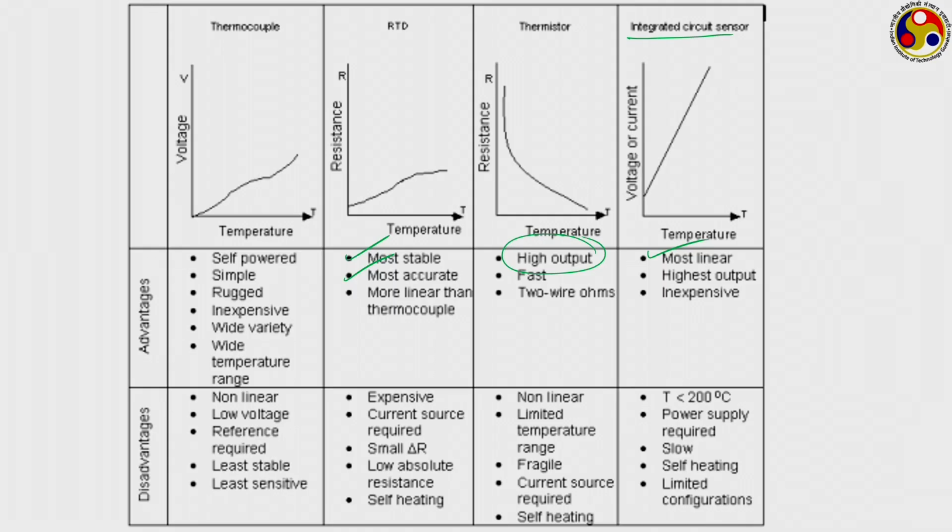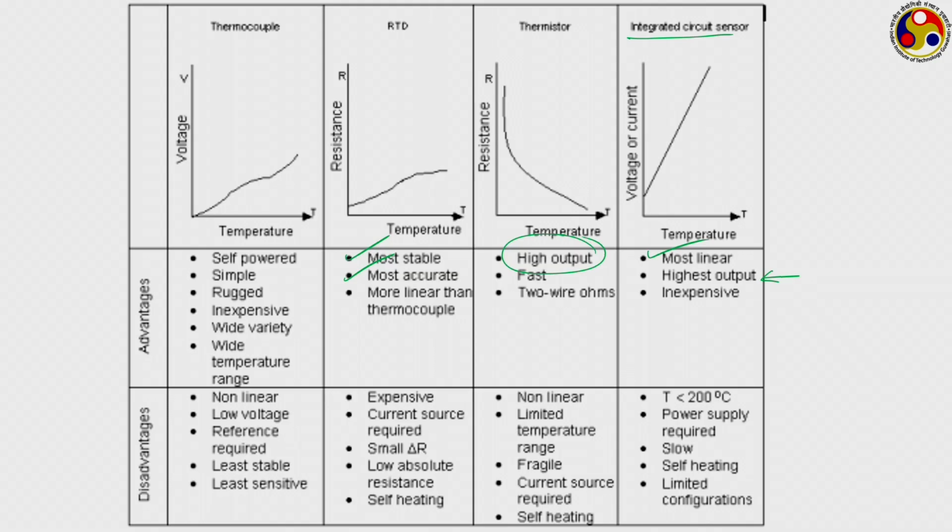Also, thermistors are generally much faster compared to the others. Actually, it is mentioned that IC based devices also give the highest output, but thermistors are comparable with them. Definitely they are much greater in magnitude compared to thermocouples and RTDs.